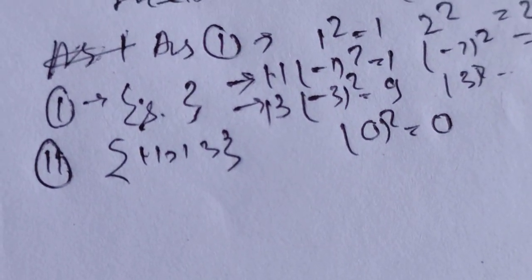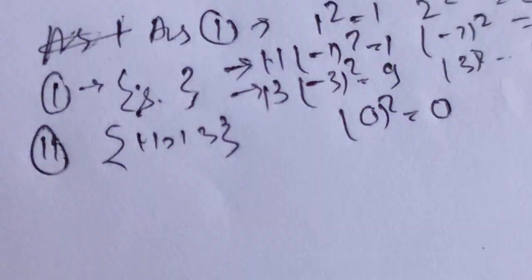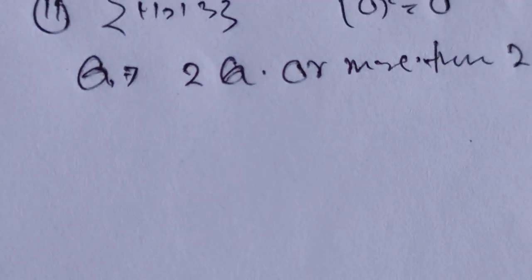I hope you understand this question. I think question one is a very great question. If you understand, please make 2 questions, or more than 2, of your own creation.